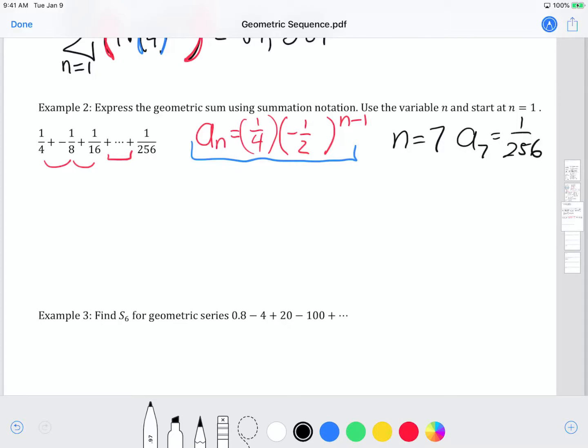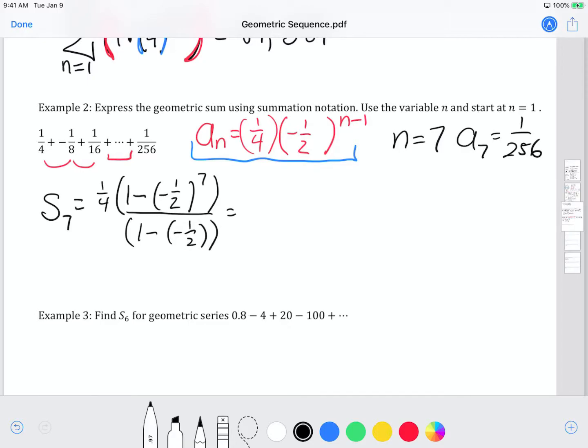So now we can use our formula. We're going to find the first 7 terms and add them up. So we're going to find S7. We're going to take the first term, which is 1/4, and take 1 minus r to the 7th, and r in this case is -1/2, and we're going to divide by 1 minus r.